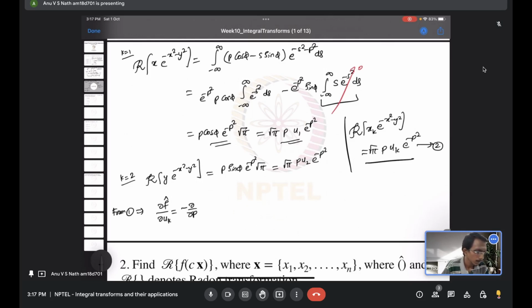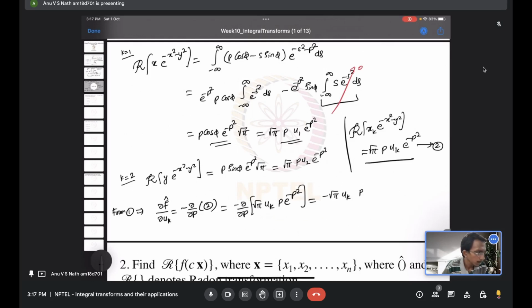Okay, so which is minus dou by dou p of root pi times uk times p e raised to minus p squared. So here you see only p is a variable with respect to the partial derivative, so we will take the constants outside and take the derivative with respect to p.